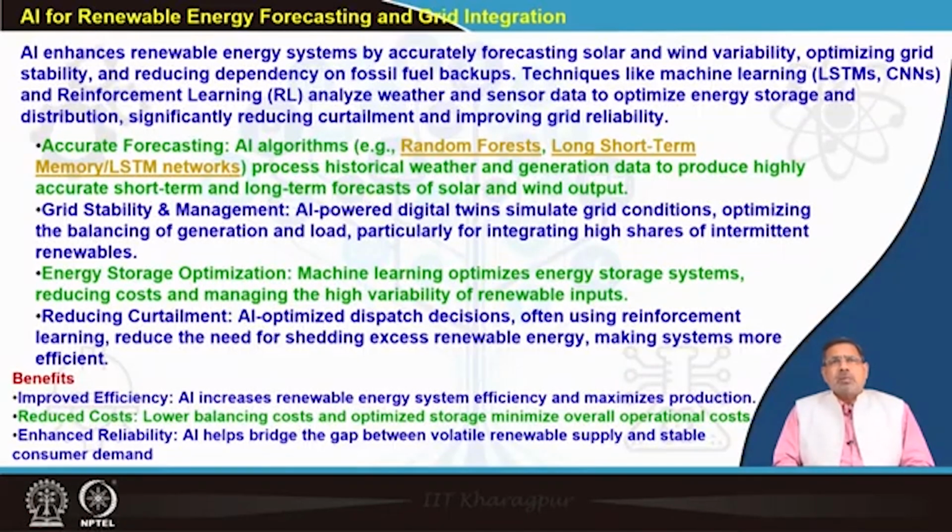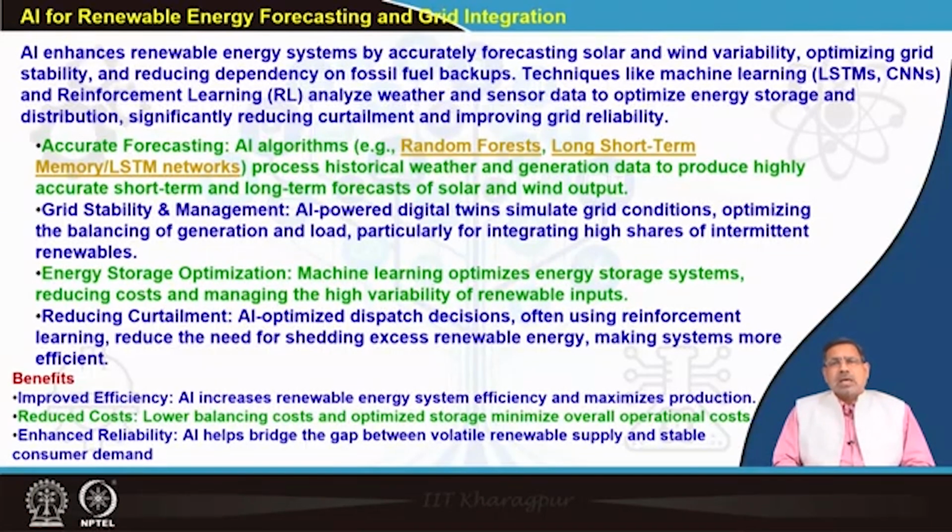Moving on to renewable energy and forecasting, as far as grid integration is represented, AI enhances renewable energy systems by accurately forecasting solar or wind variability, optimizing grid stability and reducing the dependency on fossil fuel backups.